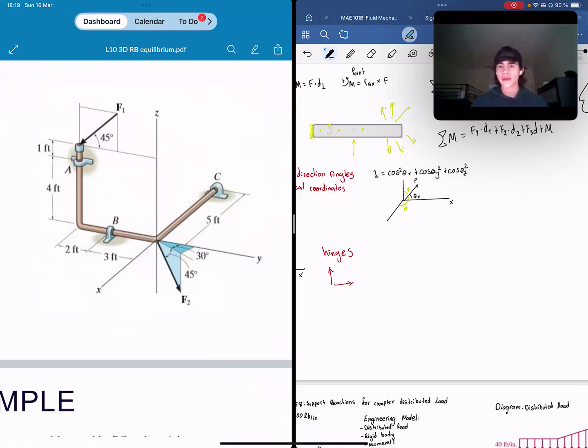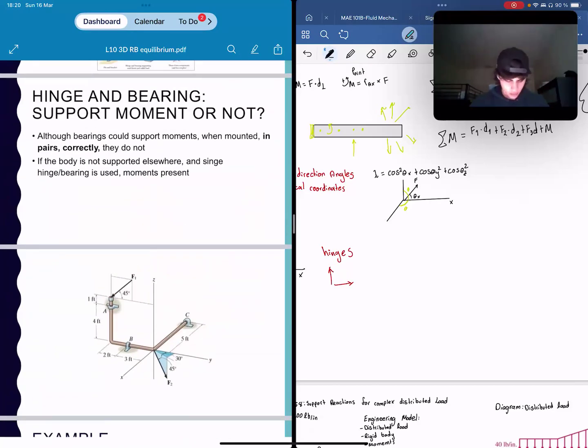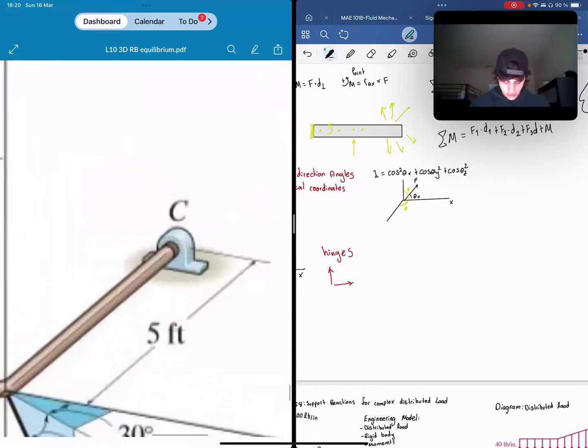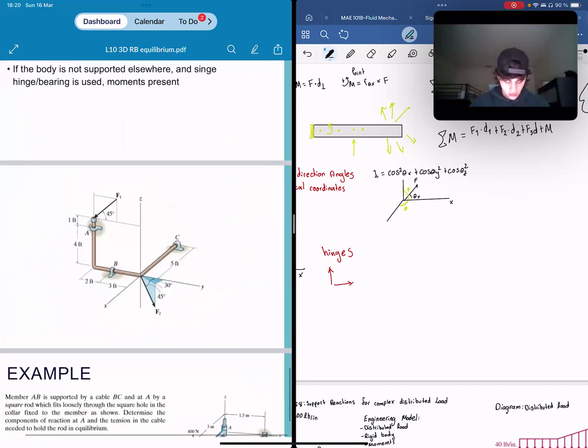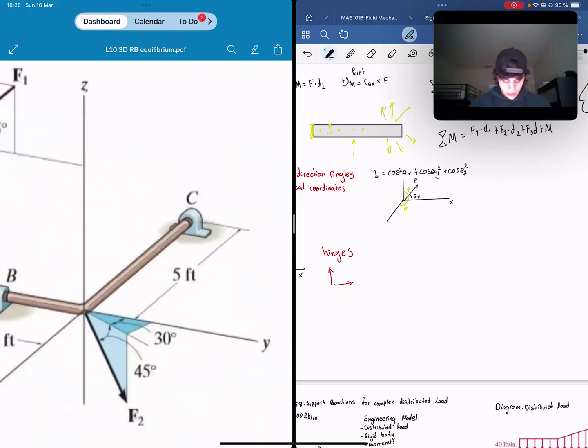So you can say that there are two reaction forces right there, one at X and one at Z. Which direction do I want to put them? It doesn't really matter as long as I keep it consistent throughout the problem, right? And at C, well, I haven't read the problem, but it looks like C is another type of support like B, right?